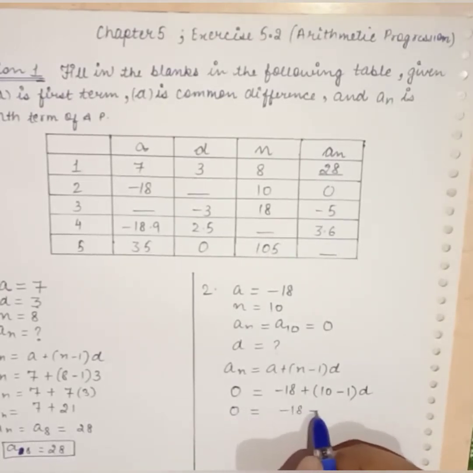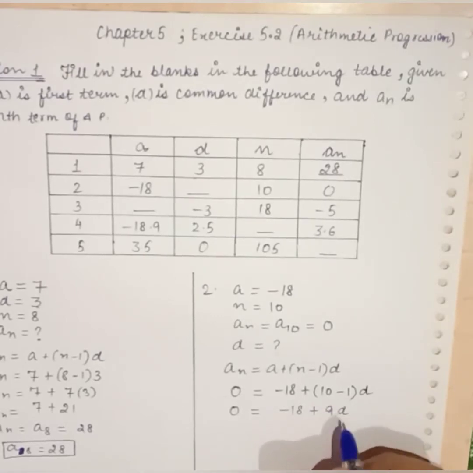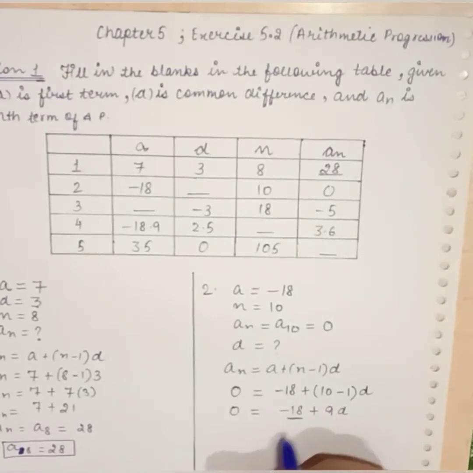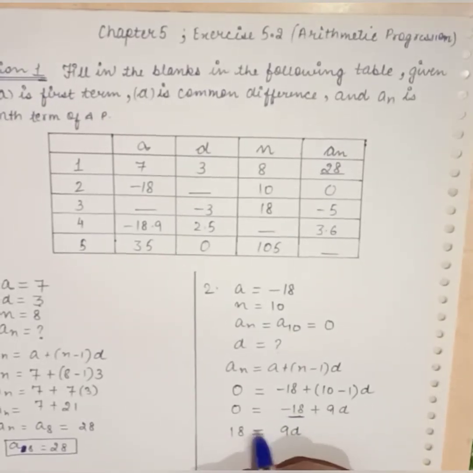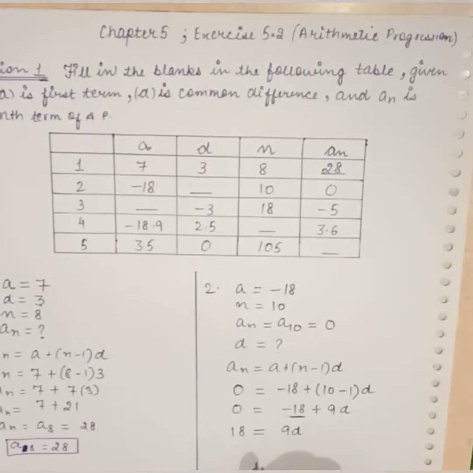Minus 18 plus 9d. So 18 is equal to 9d. Minus 18 changes to plus 18 on the other side of equality.